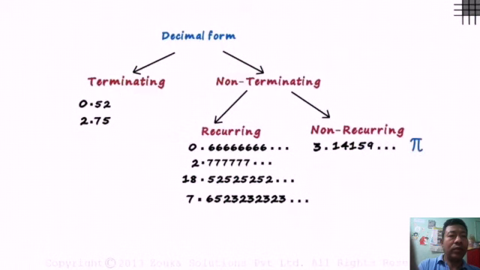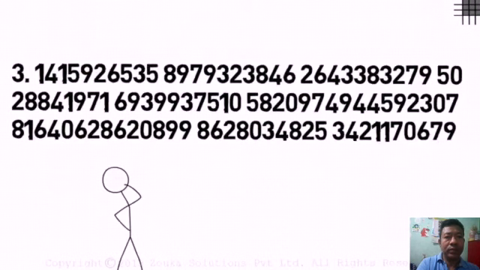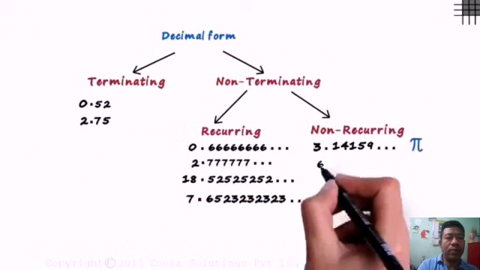If you write up to 100 places, or 1000 places, there will be no definite pattern of digits repeated. So they are in the form of non-terminating, non-recurring. Now let us see the value of pi up to 100 decimal places. If you see all the digits of the decimal places, there is no specific pattern in which the digits are repeated. So this is our non-terminating, non-recurring form, and it cannot be expressed in the form of p by q.